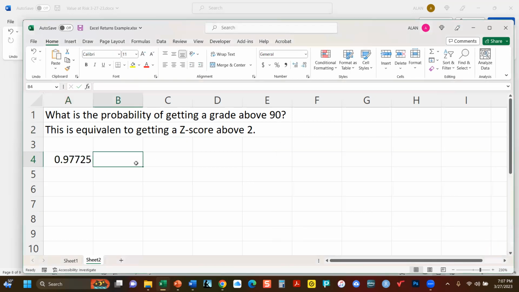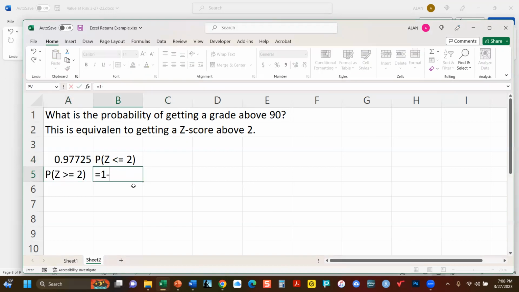So now here's the thing we have to watch out for. This is actually the probability that Z is less than or equal to 2. The probability of getting above 2 equals 1 minus that. So what you would have is equals 1 minus this number. And so there's basically only a 2.275% chance of getting above a 90 on this test.